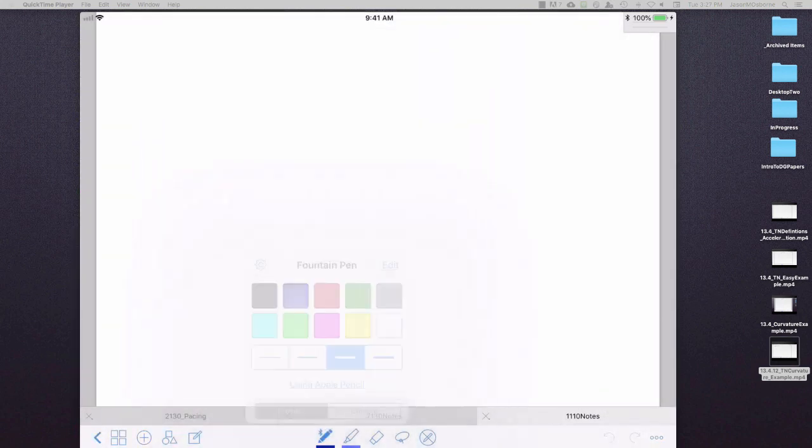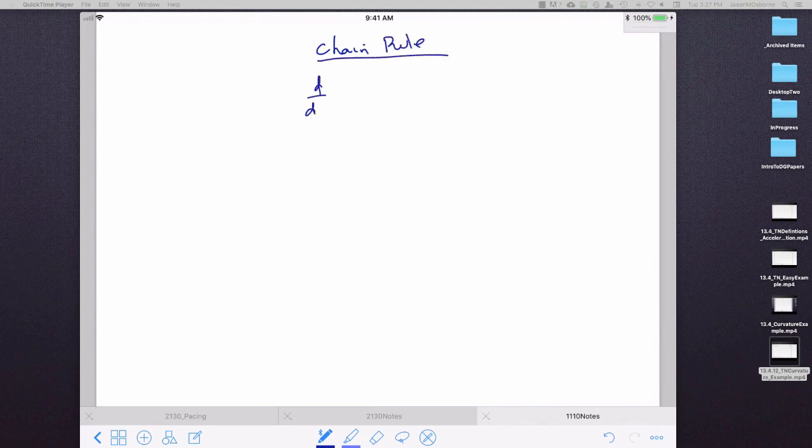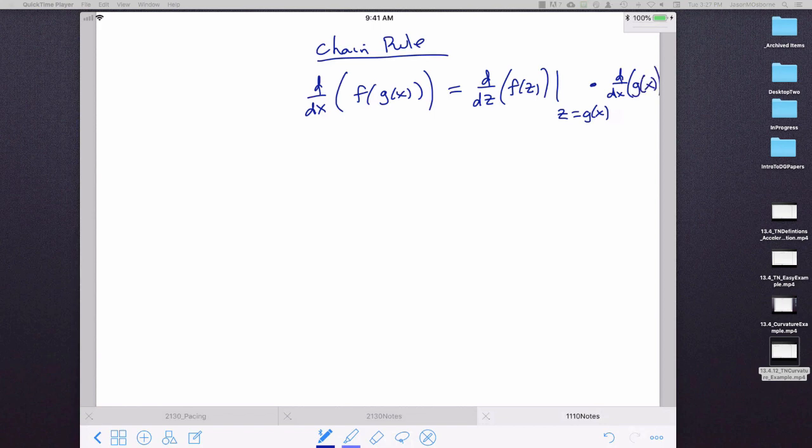Okay, so what we know, the chain rule says that the derivative with respect to x of f of g of x is equal to the derivative with respect to z, f of z, evaluated at z equal g of x, multiplied by the derivative with respect to x of g of x.